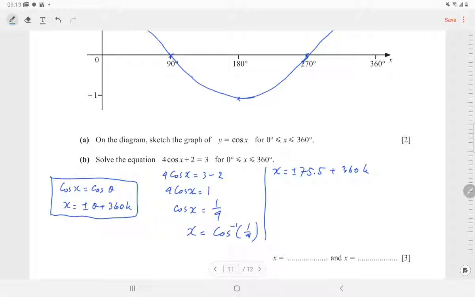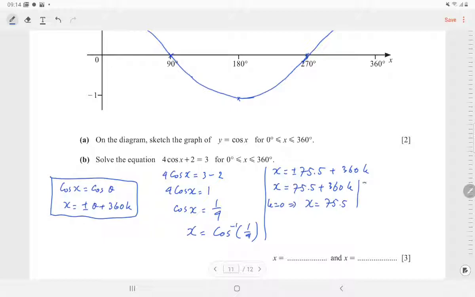Why do we put 360k? Because the function cos x is a cyclic function, so it is periodic. For the positive one, x equal to 75.5 plus 360k, so when k is 0, x equal to 75.5.